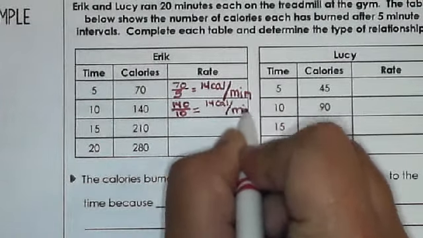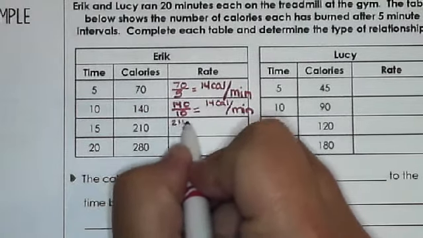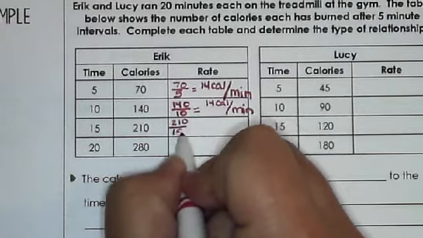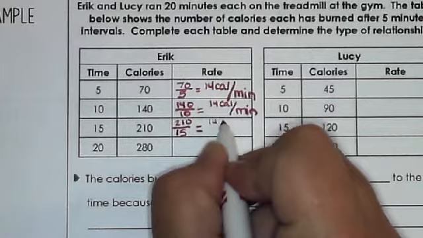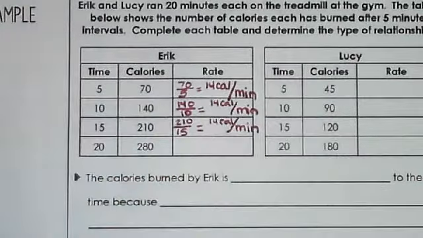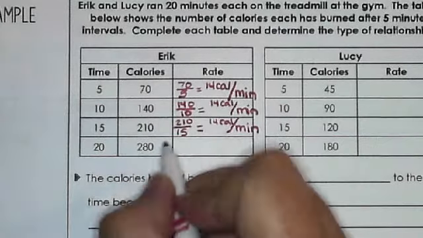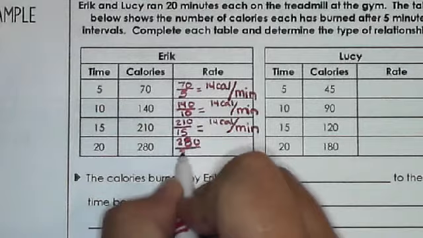Are we proportional so far? Okay, let's keep going. 210 divided by 15. Is it 14? So 14 calories per minute. And then the last one, we've got 280 over 20.